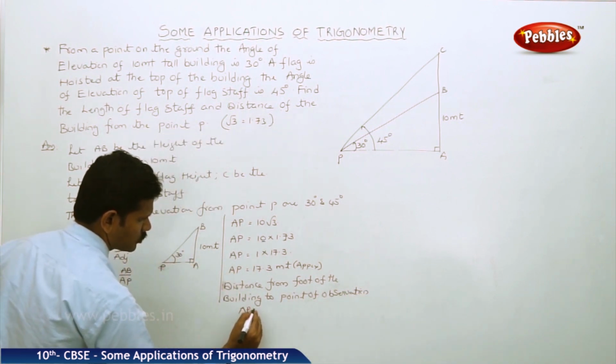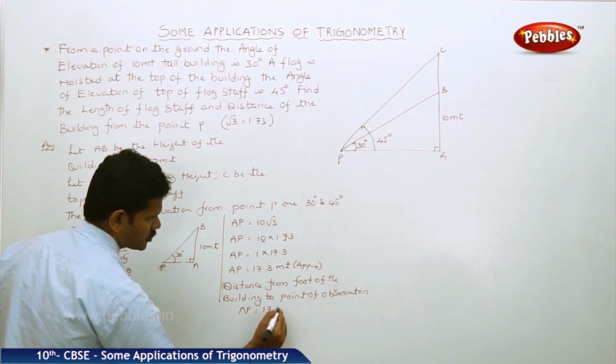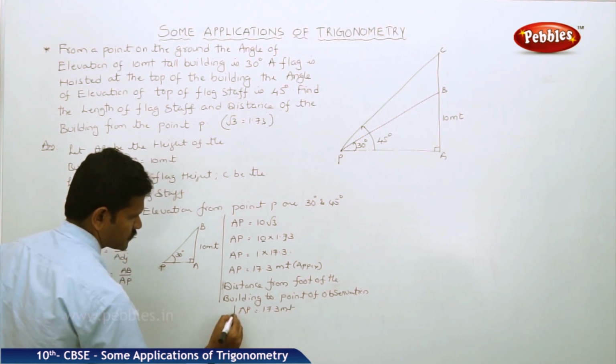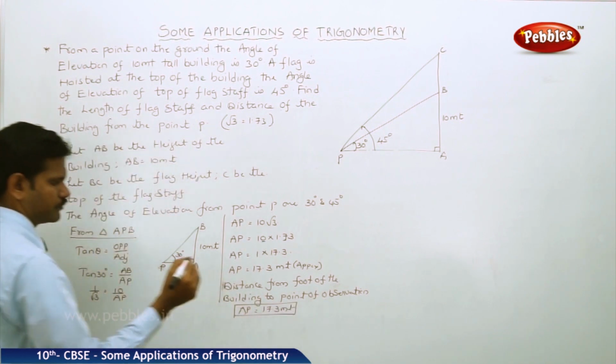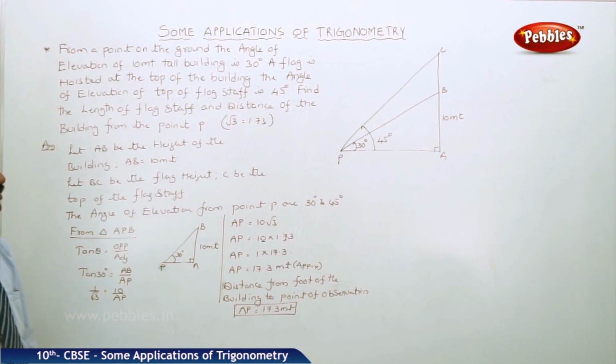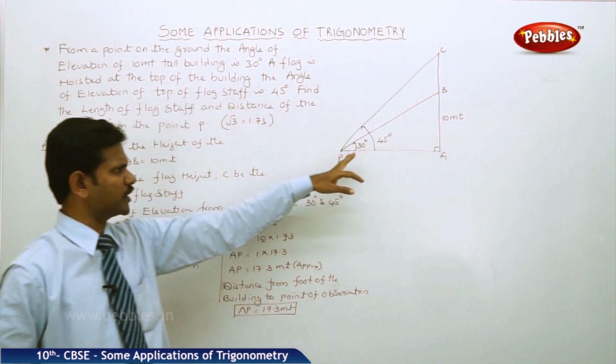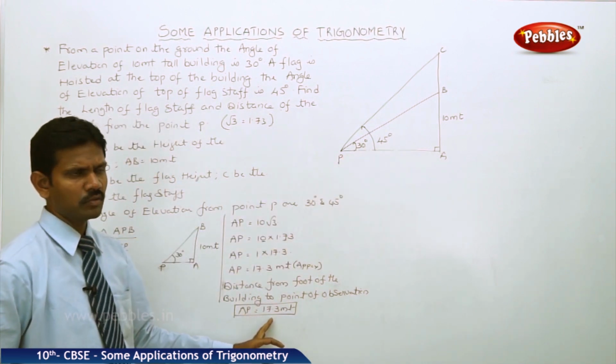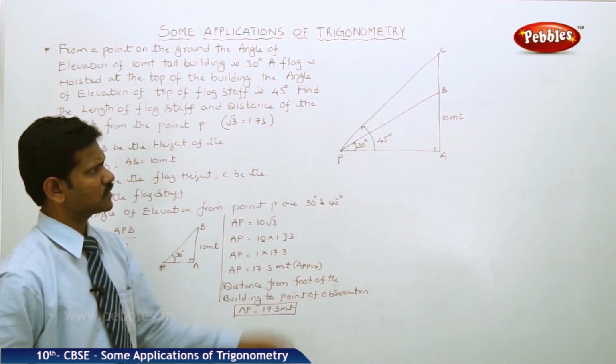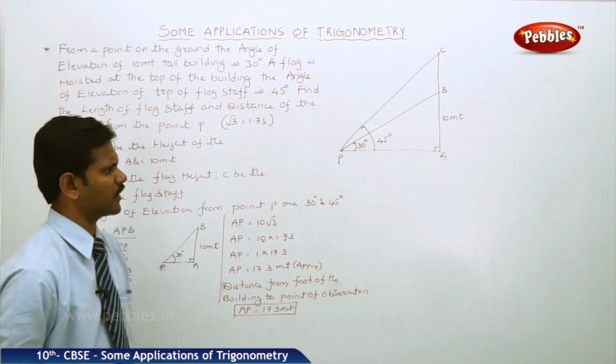AP is equal to 17.3 meters. Now the distance from the foot of the building to the point of observation, just now we found out. Next we have to find out the length of the flagstaff.